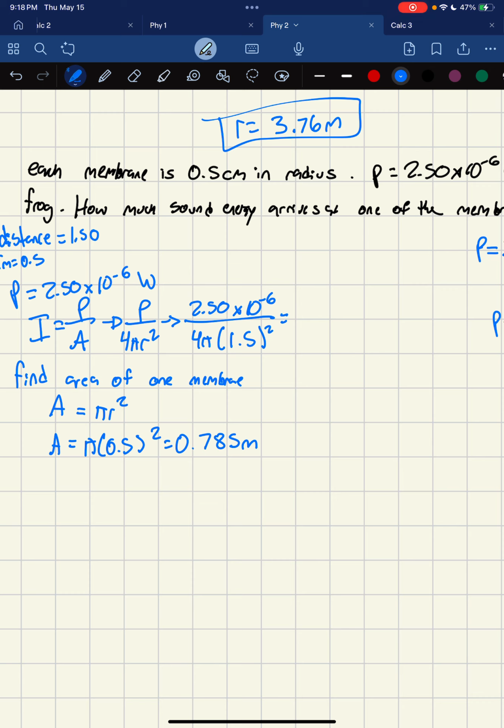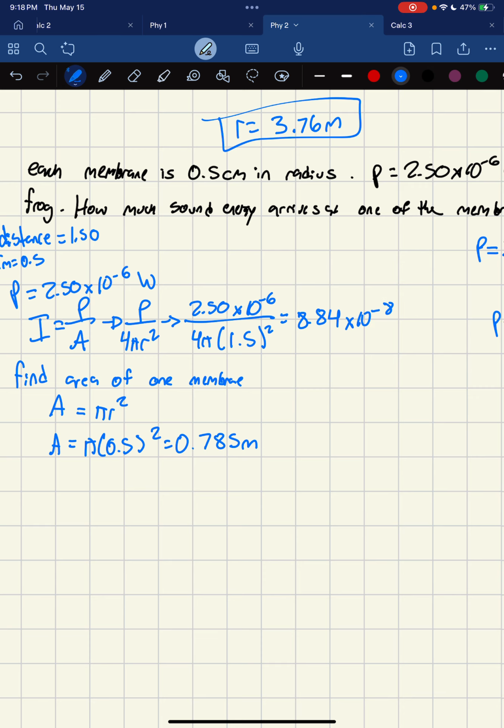So for this answer, I should get 2.50 times 10 to the power of negative 6 divided by 4 times pi times 1.5 squared. Okay, so I get 8.84 times 10 to the power of negative 8.